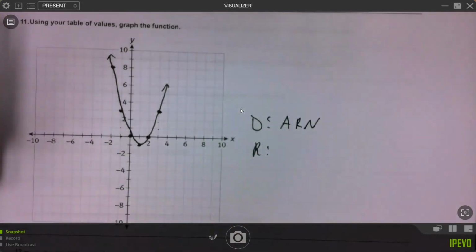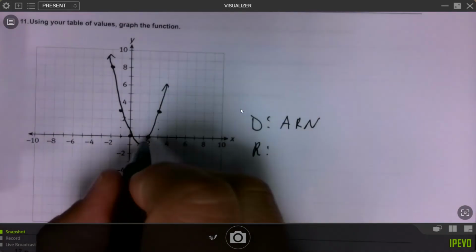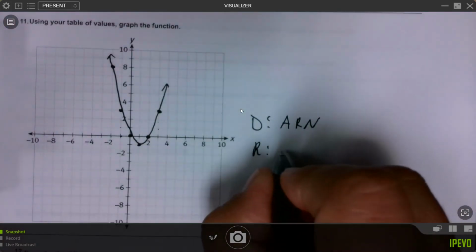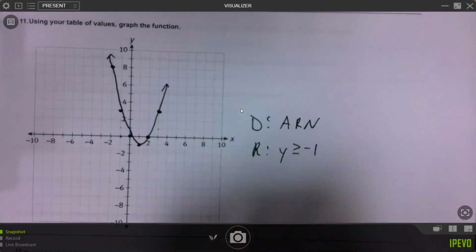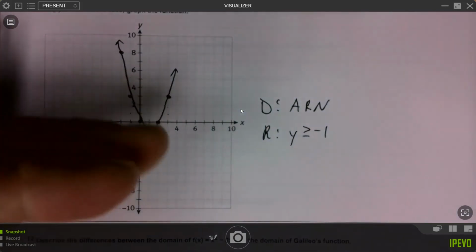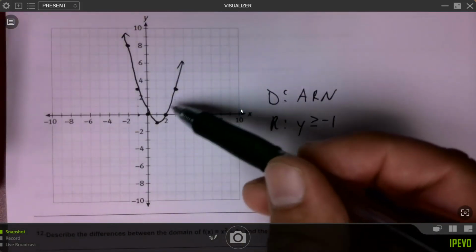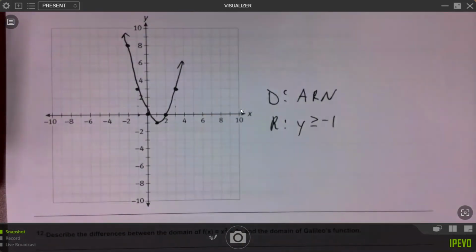It doesn't have a limit. It doesn't stop from 0 to 10 seconds. It's not a real world scenario. The range, while it does have a low y value, it's -1. So all the y values, it's at -1, and then they all go up from there. So I have y is greater than or equal to -1.